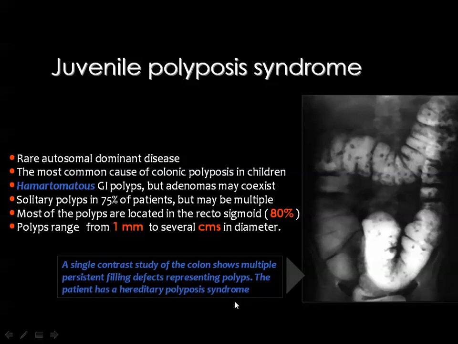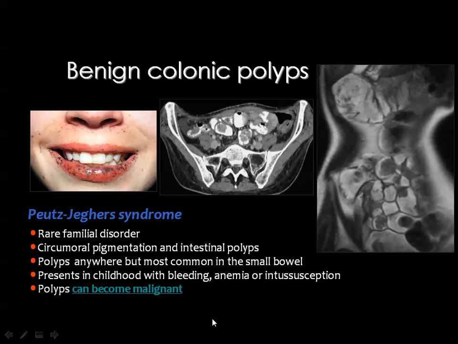And solitary polyps are seen in about 70% of the cases, but polyps may be multiple. Most of the polyps are located in the rectosigmoid area, 80% of the cases, and the polyps range from 1 millimeter to several centimeters.